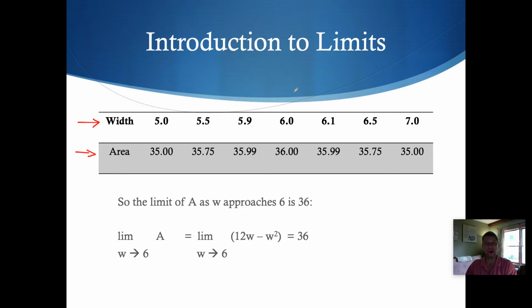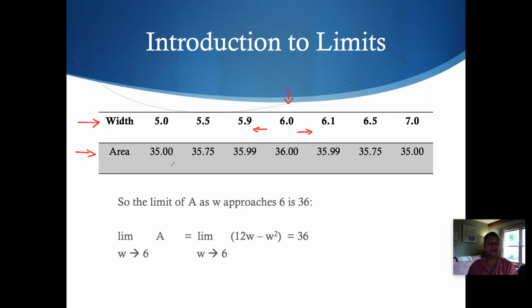I know for a fact that if the width of a square is 6, then the area of that square is going to be 36. And so what I do on either side is, moving this way, I decrease the value of 6 by a tenth, and then by a half, and then by 1. Going toward the right, I increase the value by a tenth, then a half, and then by 1.